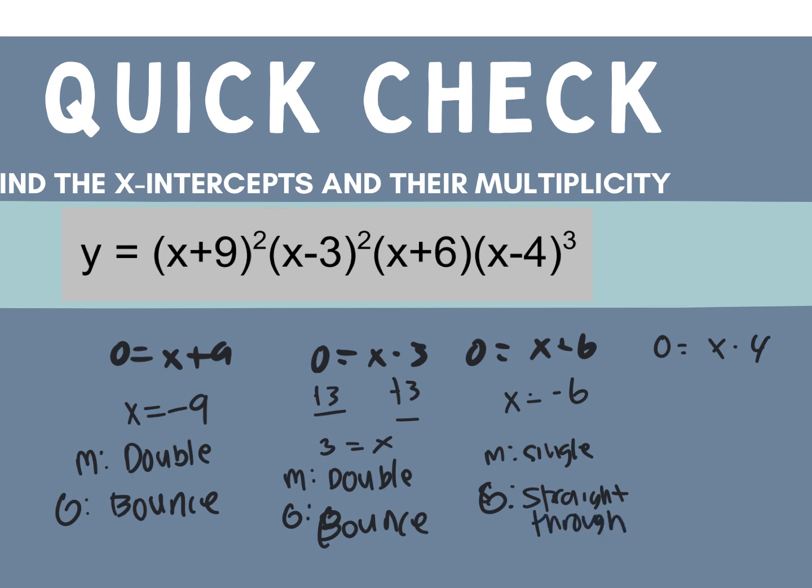And for the last one, I end up finding my x-intercept at x equals 4. The multiplicity is a triple. And then finally, we would snake through this point.